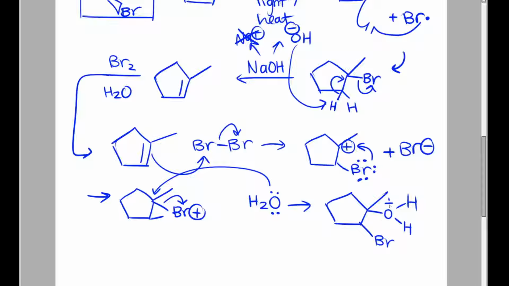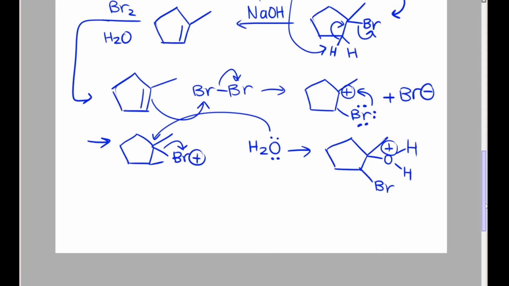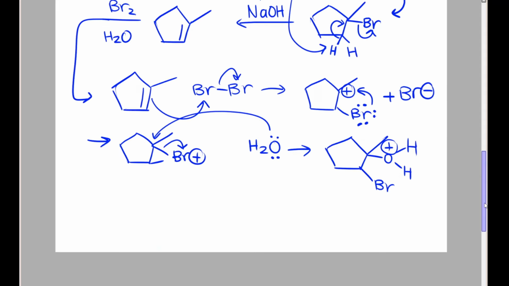Where the positive charge is now transferred over to the oxygen, because oxygen likes to have 2 bonds, but now it has 3. So now that you see that the positive charge on oxygen should be a red flag, we shouldn't end at this product, because obviously neutral charges are more stable than positive or negative charges.